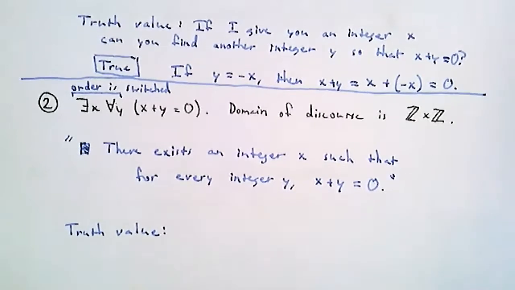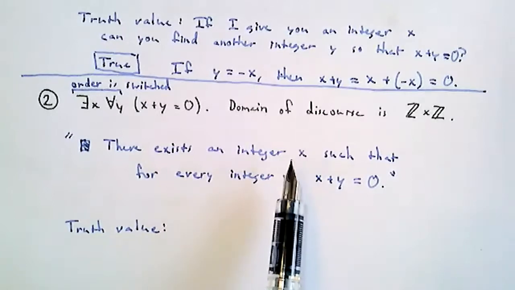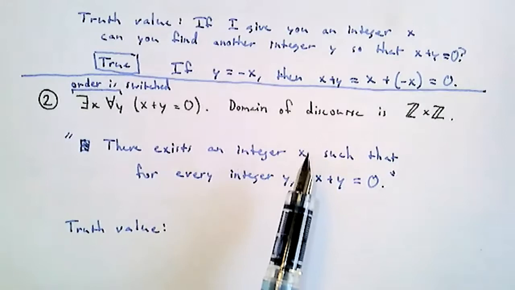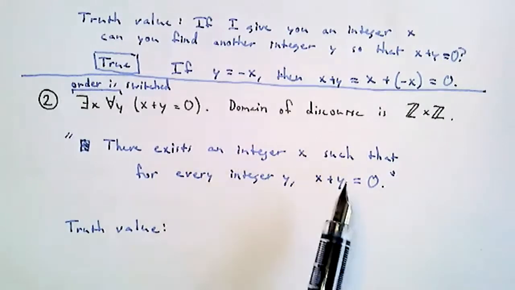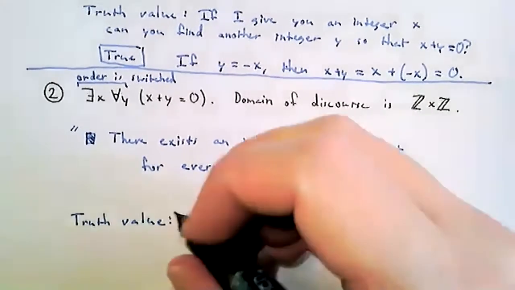And that same idea works for any integer you might pick. The only number that you can add to the one you start with to get 0 is the negative of what you started with. So this is false.